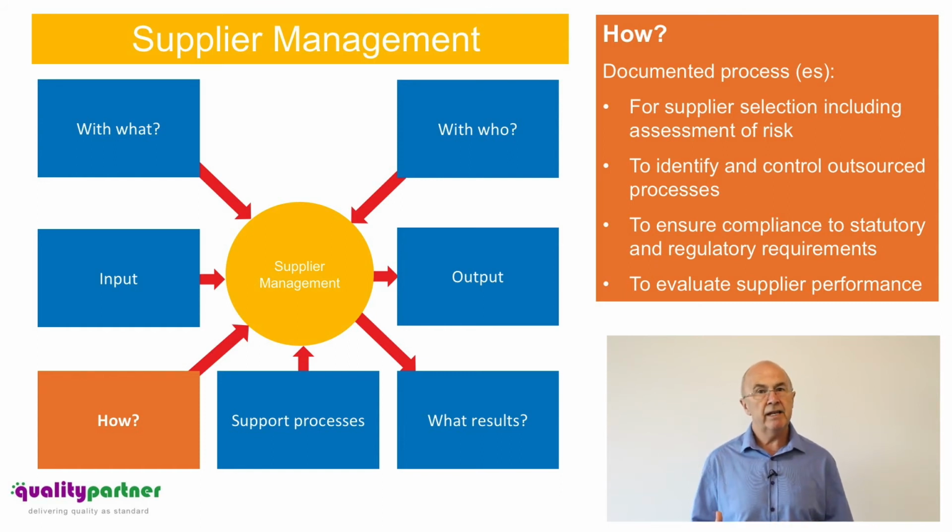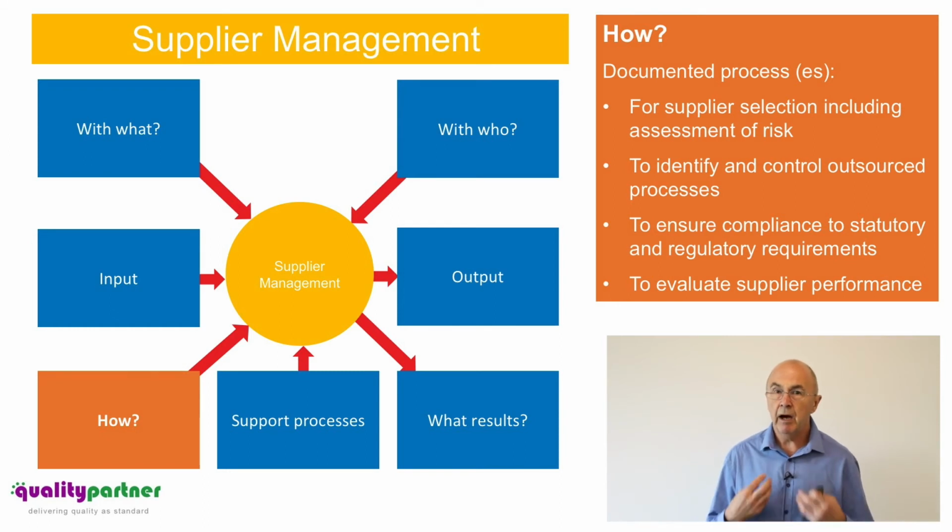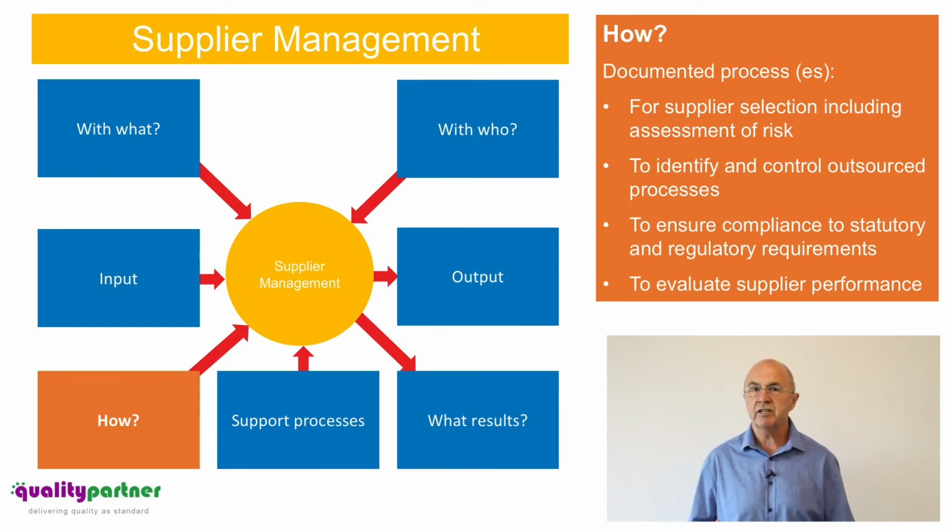This is not mandated unless you're supplying one of the German vehicle makers, but I think is a very good structured system for selecting a new supplier. But irrespective of that, if we don't use VDA 6.3, we need to define in a documented process how we go about selecting a new supplier and how we take into account risk.